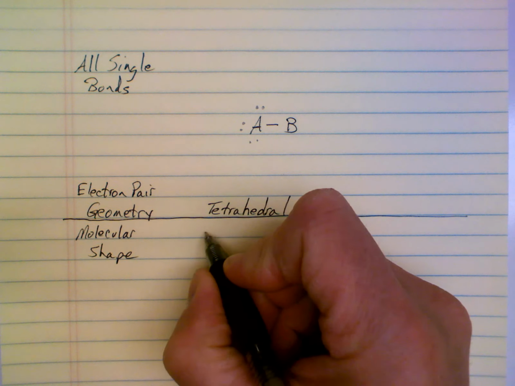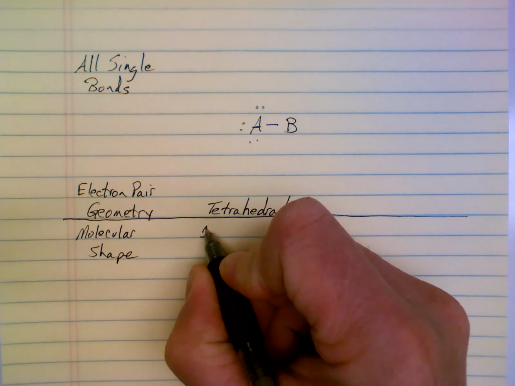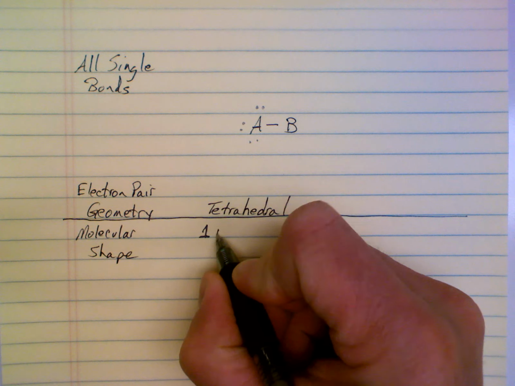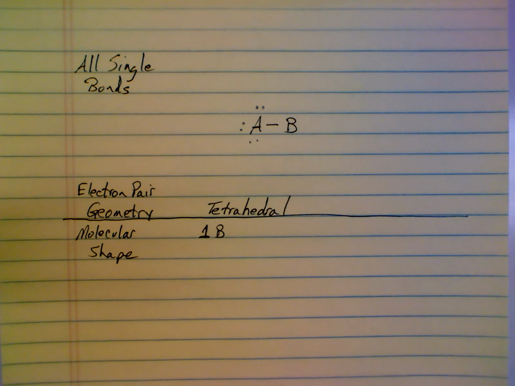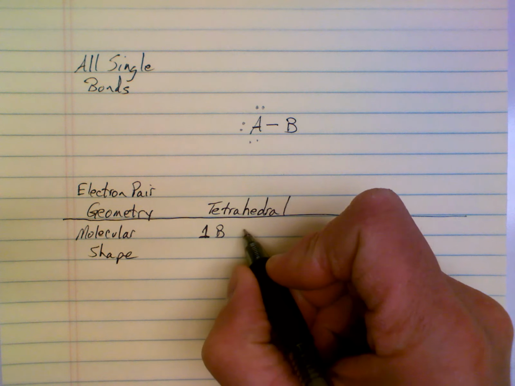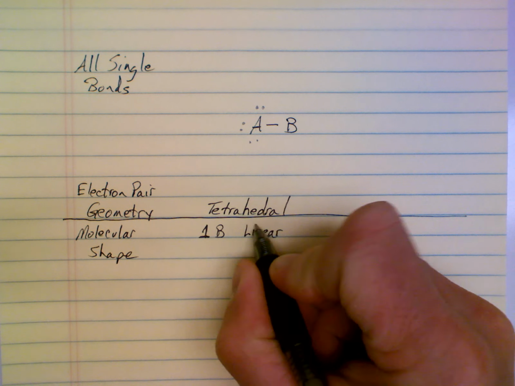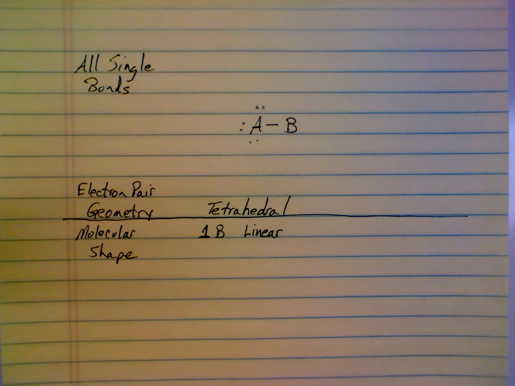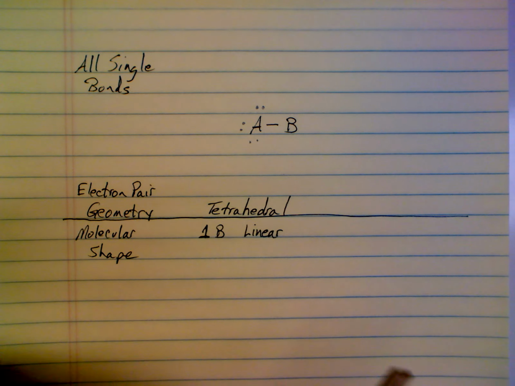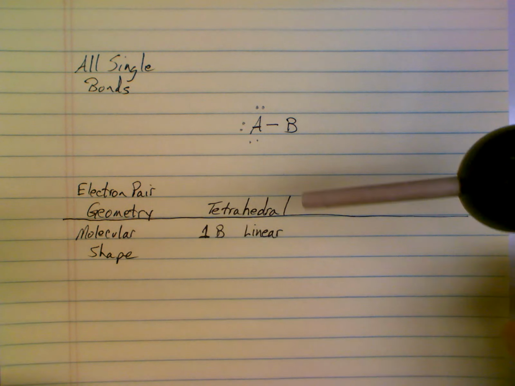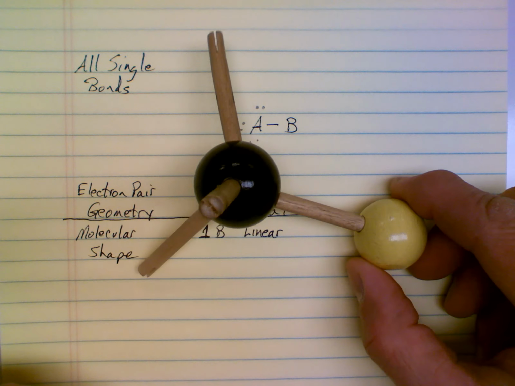Now, when you only have the one B atom attached to our A atom, then the molecule will be linear in configuration because you only have two atoms. And so when we consider the electron pair geometry, it's just what it means.